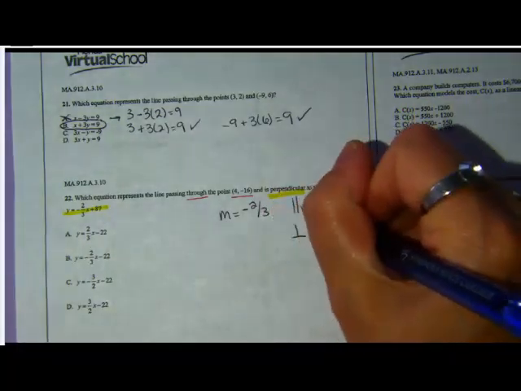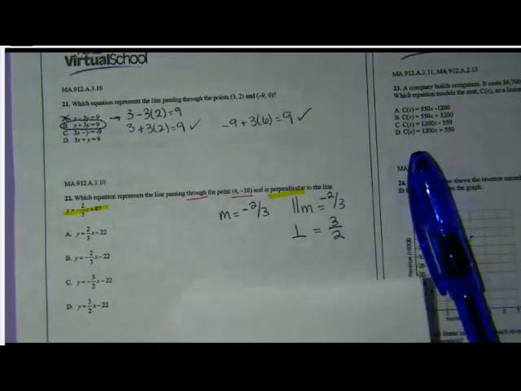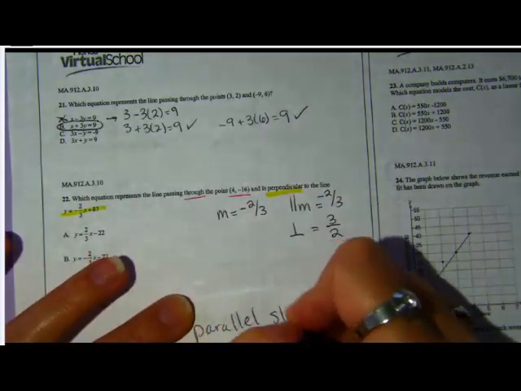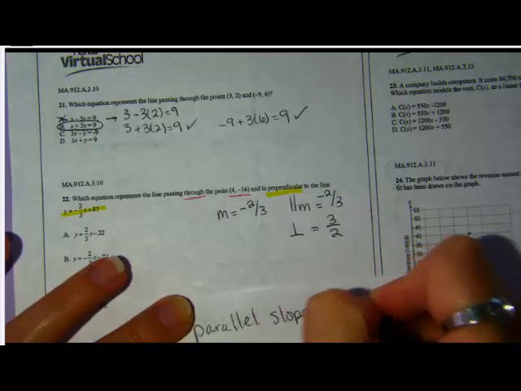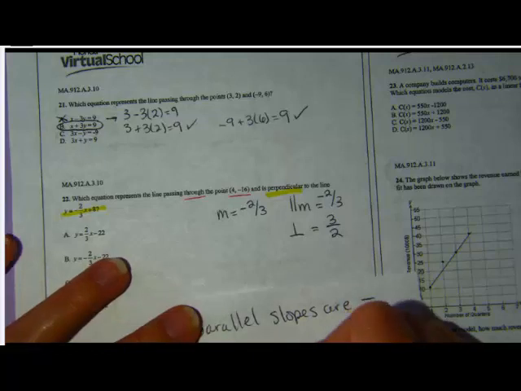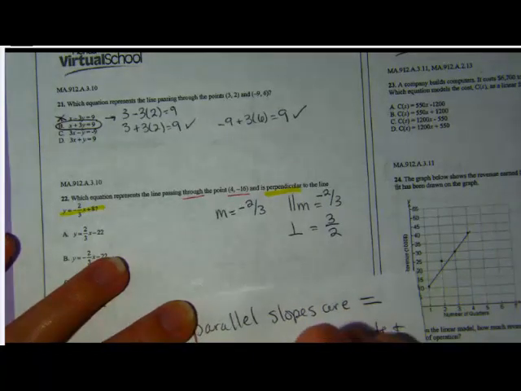Parallel slopes are the same. Perpendicular slopes are opposite and upside down.